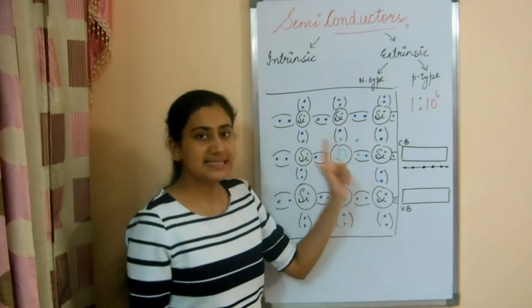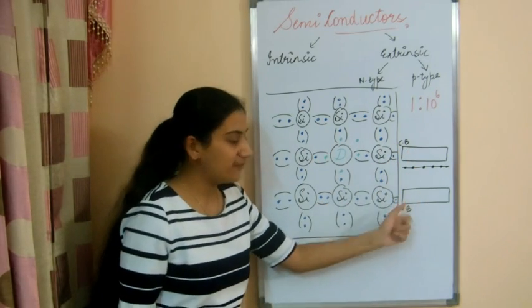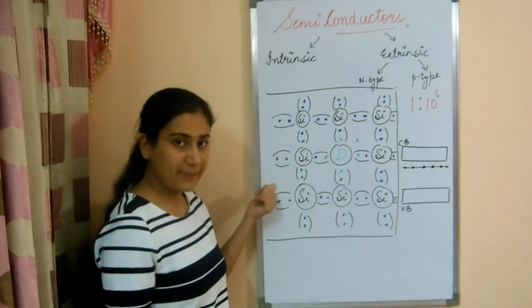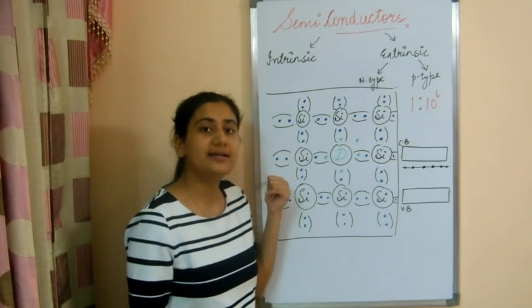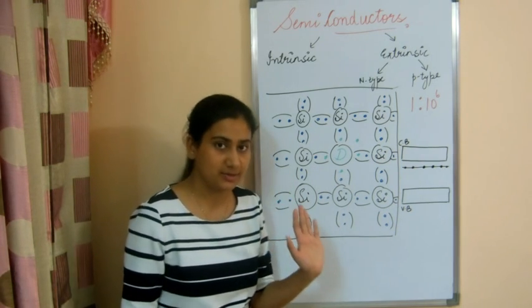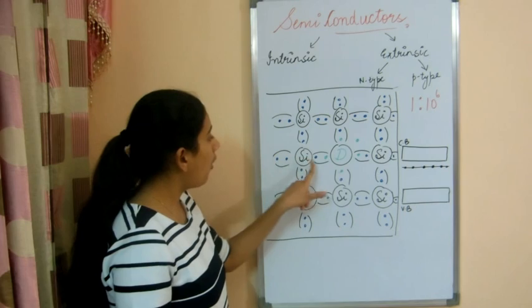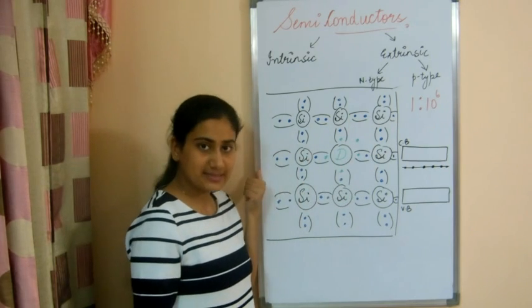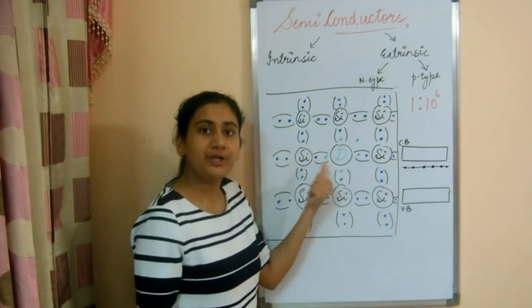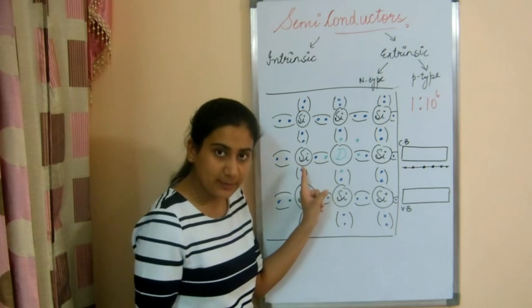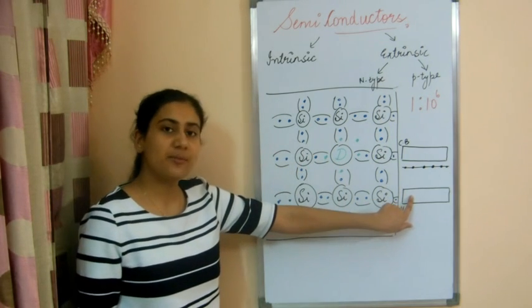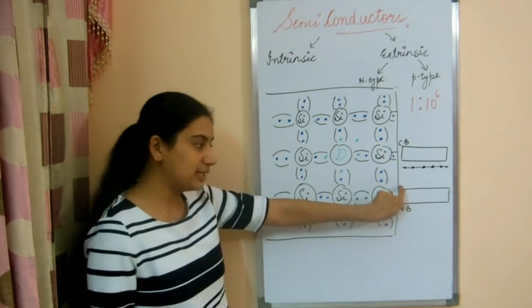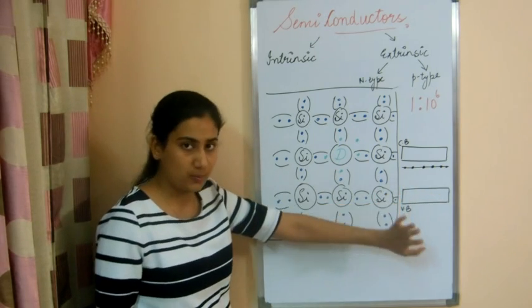So, if we see the conduction band and valence band diagram of this semiconductor in which we have added impurity of 5 valence electrons, we will see that all the electrons of this crystal which are bonded to atoms through this covalent bond, they are present in this valence band only. They have energies of this band only.